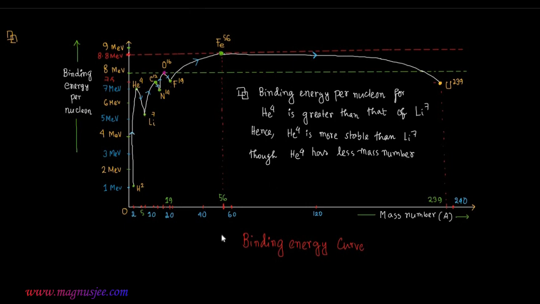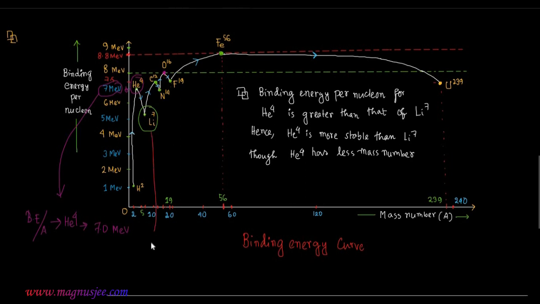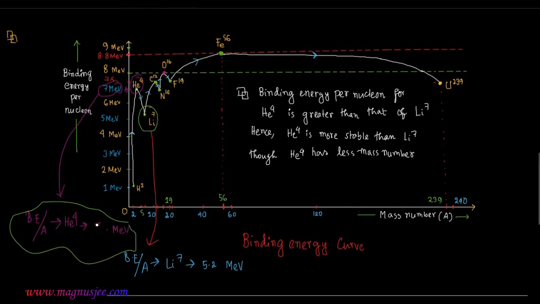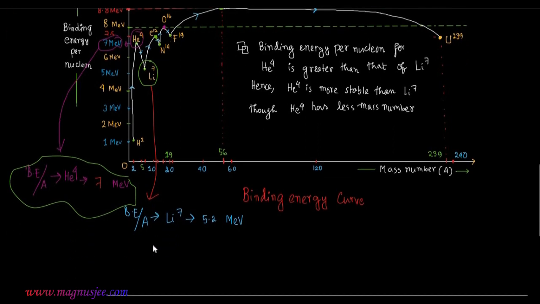Though helium has a less mass number, binding energy per nucleon for helium 4 nucleus is 7 mega electron volt, but for lithium 7 nucleus it is 5.1 mega electron volt, which is less than that of helium.